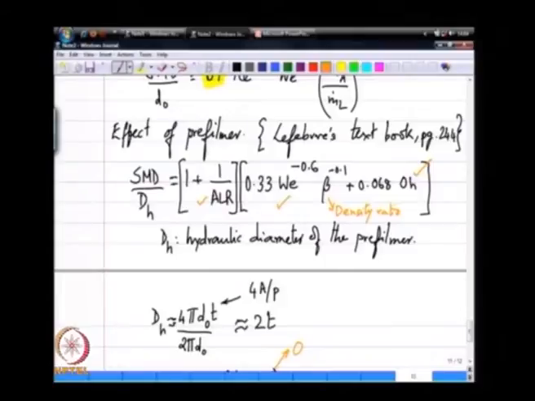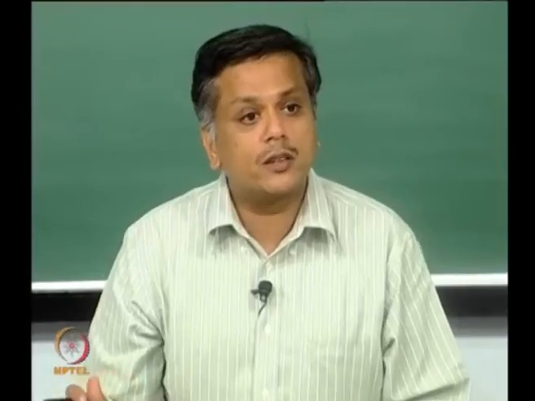Essentially, if you look at this correlation, as the air to liquid ratio increases, this 1 over air to liquid ratio decreases, which means the outer main diameter is going to decrease. Even for an infinite air to liquid ratio, this pre multiplier 1 plus 1 over ALR only tends towards 1.